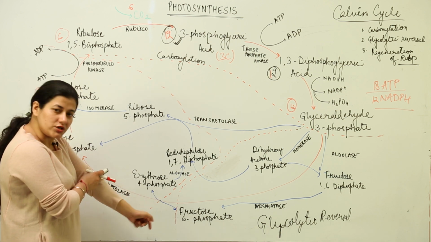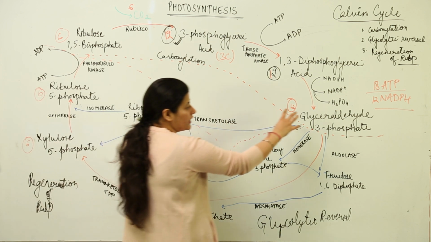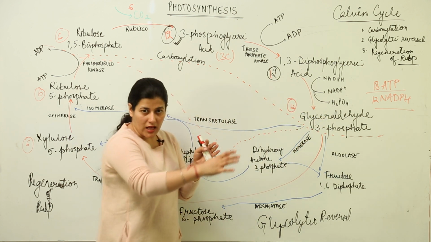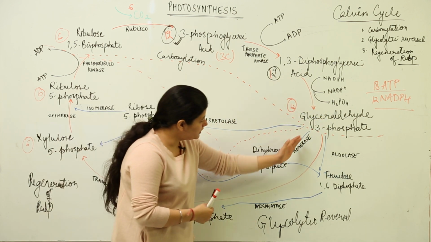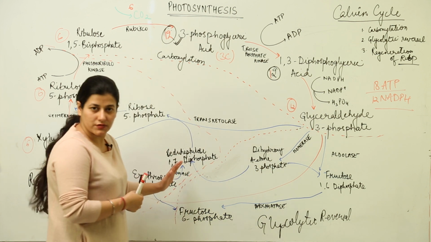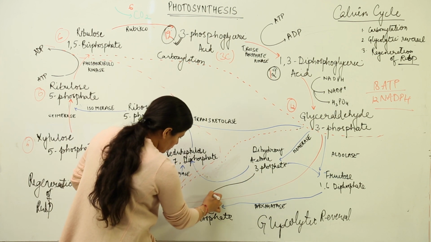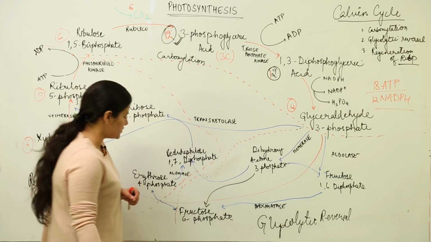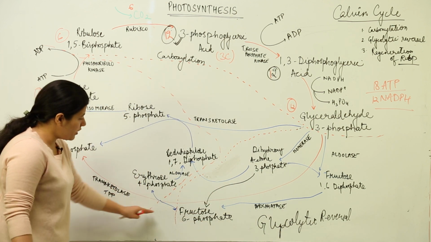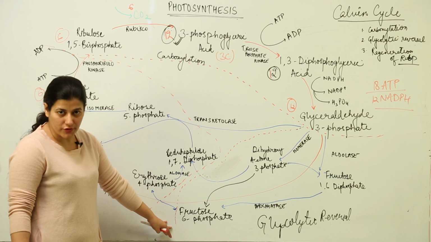Again, I would repeat, just to end it up, that this glyceraldehyde 3-phosphate comes and goes through these 3 different passages. Okay, this I haven't mentioned over here. This comes and joins in fructose 6-phosphate as well. Okay, from everywhere there is addition of phosphates into this.